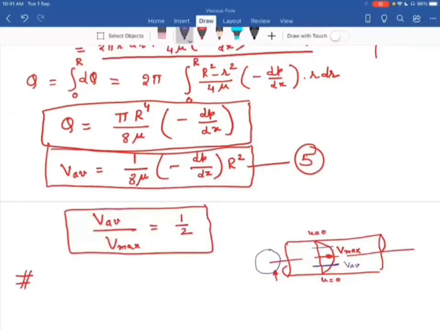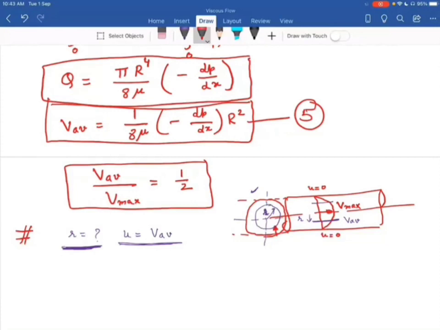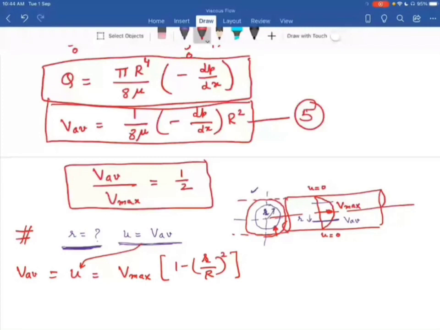Now we have to find that radius r, for the layer whose velocity becomes equal to V average. So from u equal to V max into 1 minus r upon capital R whole square, put the value of V average, that is V max by 2.